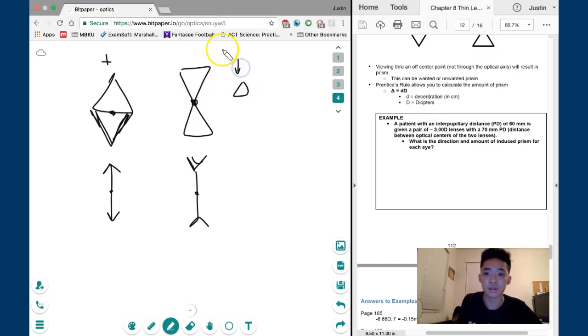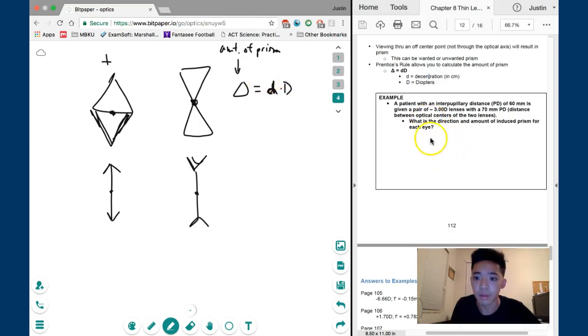So this is your amount of prism, how much it moved, is equal to little d times the diopters here.